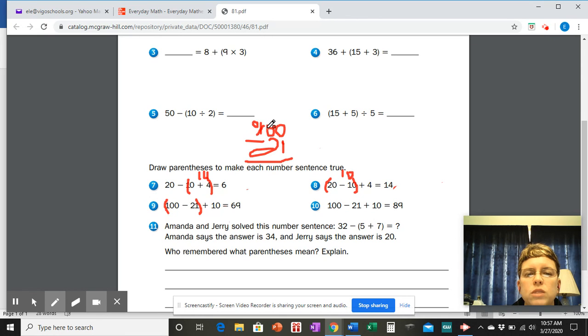So the 1 becomes a 0. The 0 in the middle becomes a 9. The 0 on the end becomes a 10. So 10 minus 1 is 9. 9 minus 2 is 7, so 79. So we have 79 plus 10 gives us 89. Okay, that doesn't work, so I'm going to erase my parentheses.